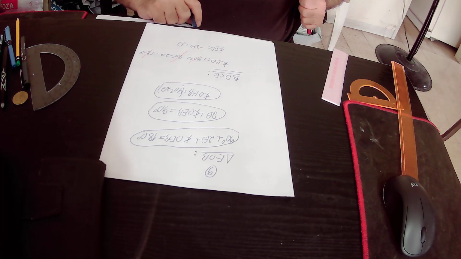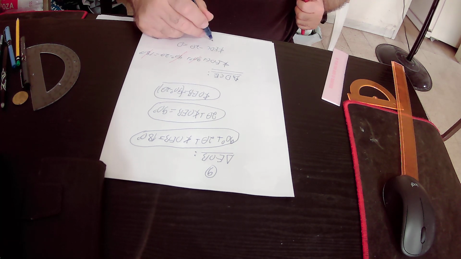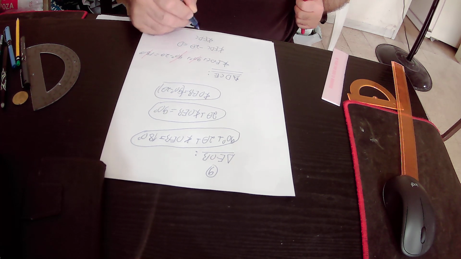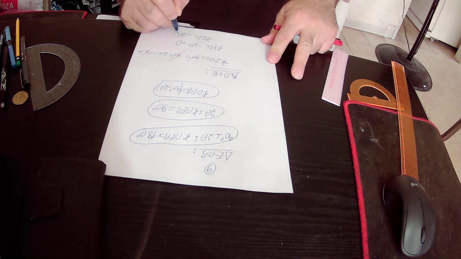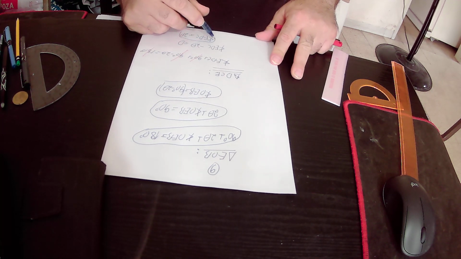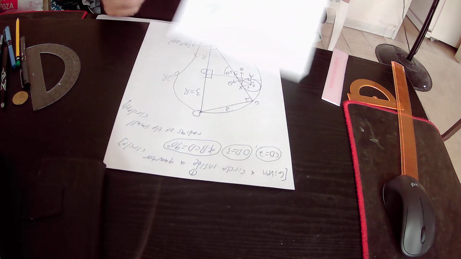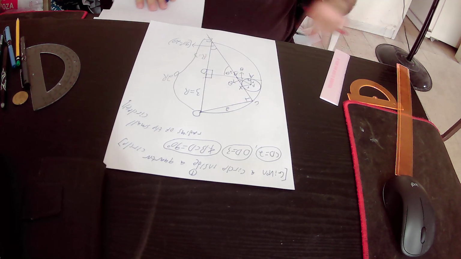Okay, so here we will add 2 theta to this equality, and we will get that angle EDC equals 2 theta. Okay, angle EDC equals 2 theta.